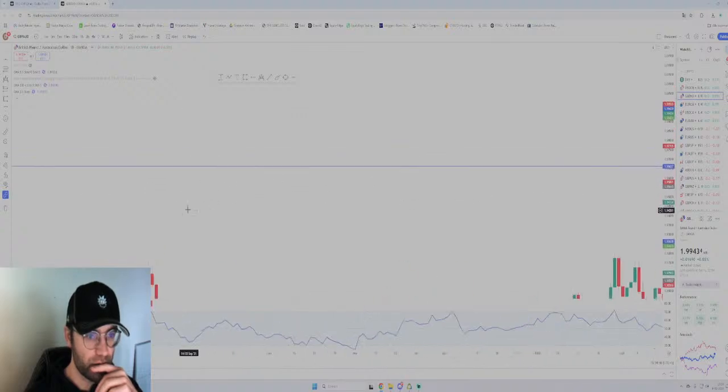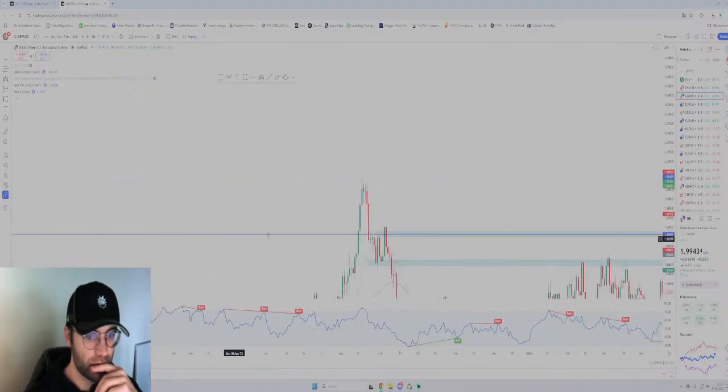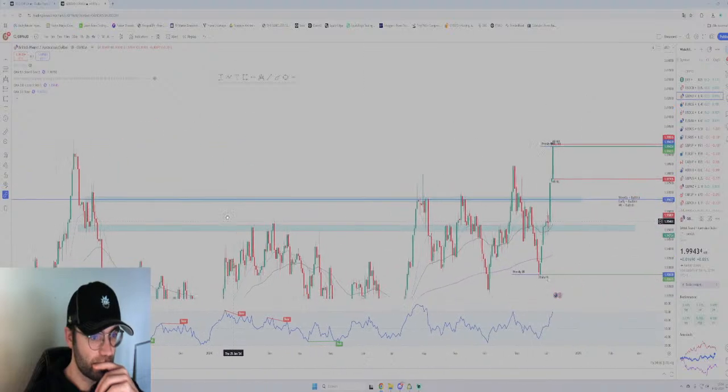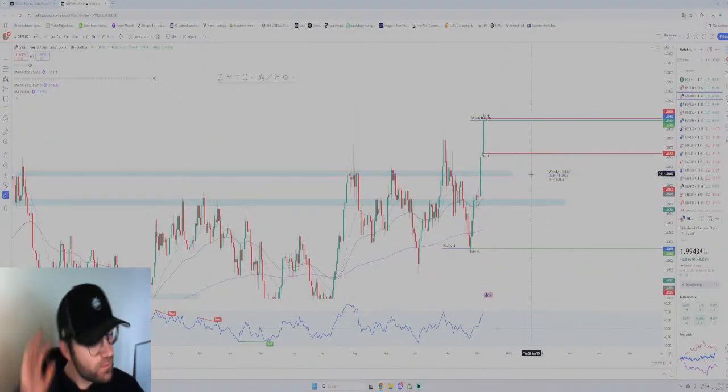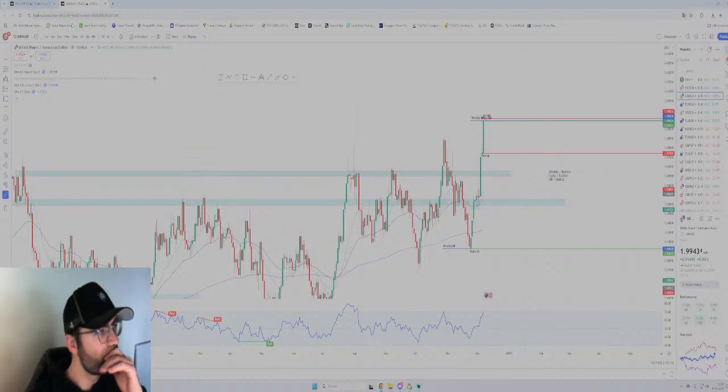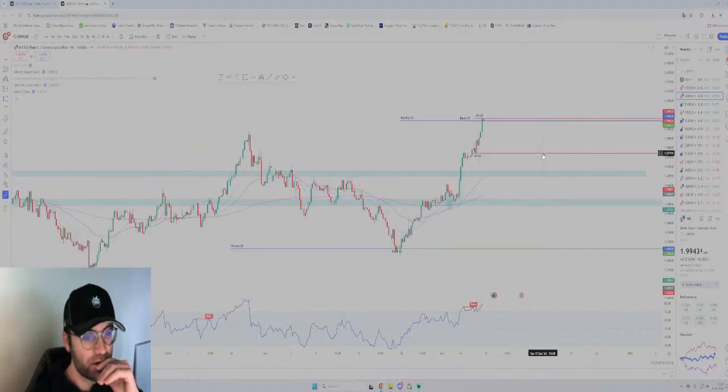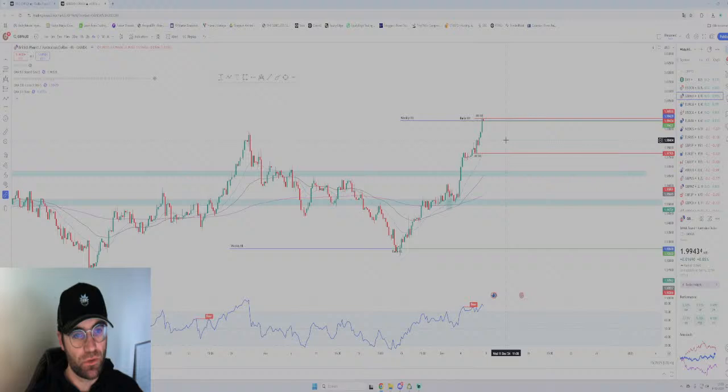It's also way too far back, but ideally it tests a strong area of interest, but that would make the 4 hour bearish. So either like this with a big wick where it closes above, that would be interesting, still having the 4 hour bullish, or otherwise the 4 hour can go bearish and then maybe a shift of structure in there.